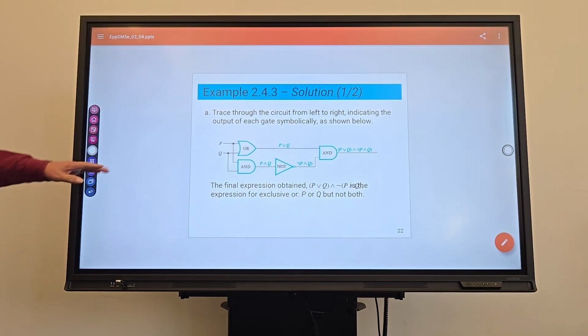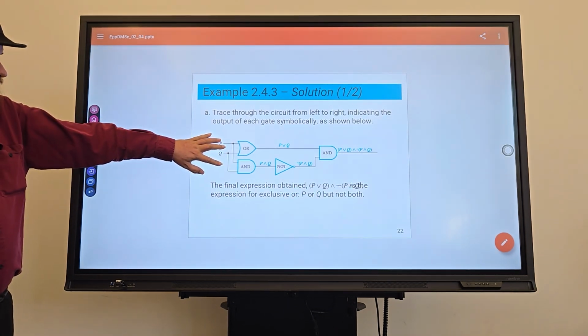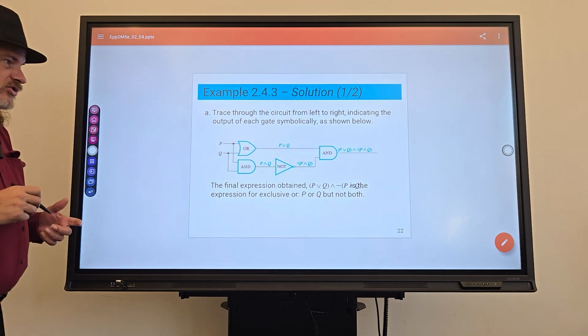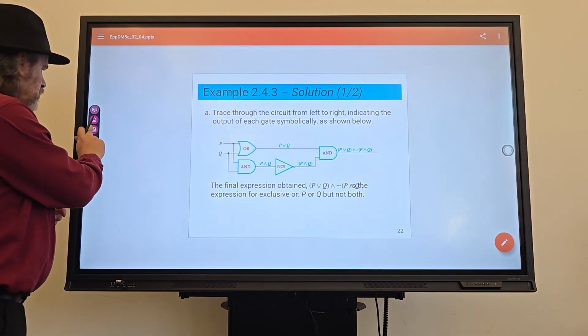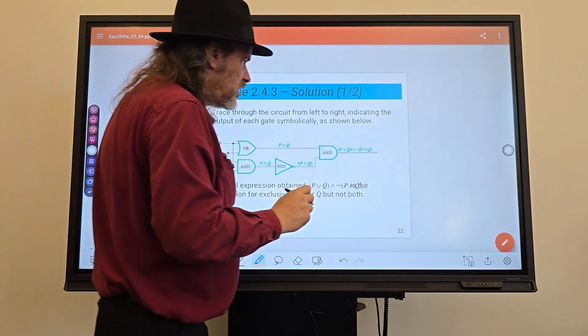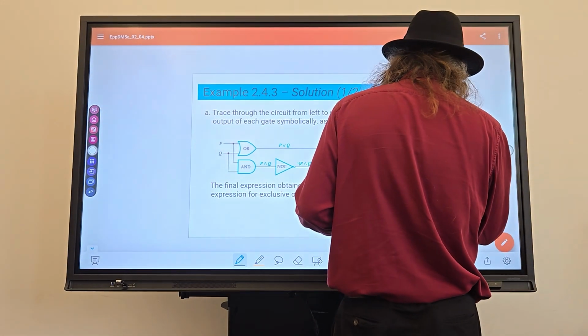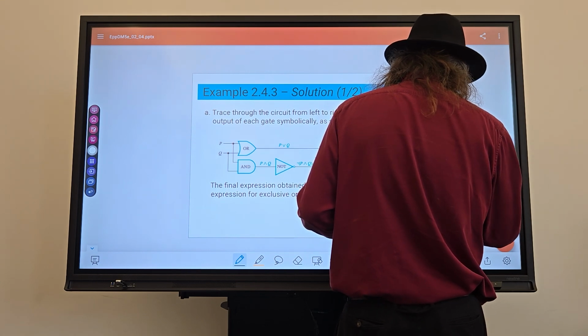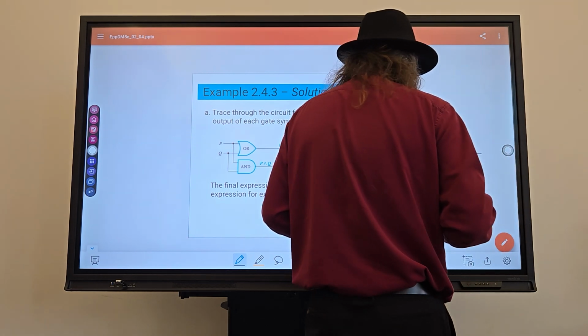This first one was a configuration for the exclusive OR, which in digital logic is that symbol.